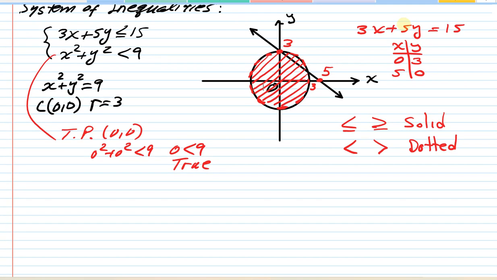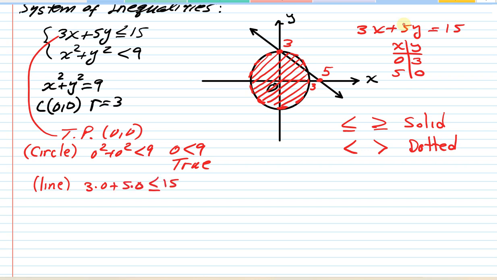Now, for the line, let's do my test point. Same test point. This time I'm going into the line. So this was a circle. Now I'm looking at the line. For the line, I'm going to go 3 times 0 plus 5 times 0 less than or equal to 15. 0 less than or equal to 15. Again, this is a true statement.